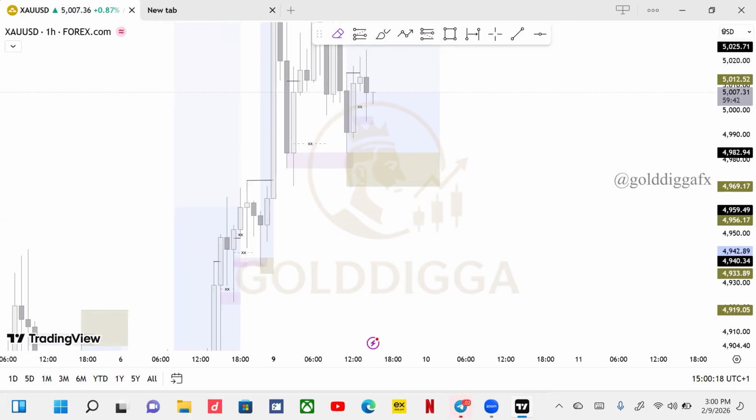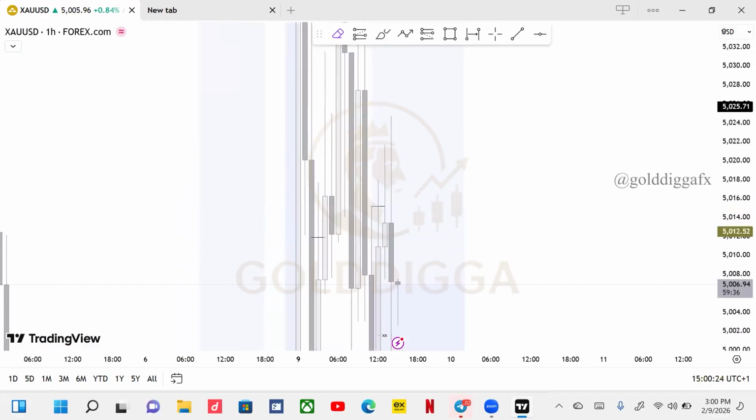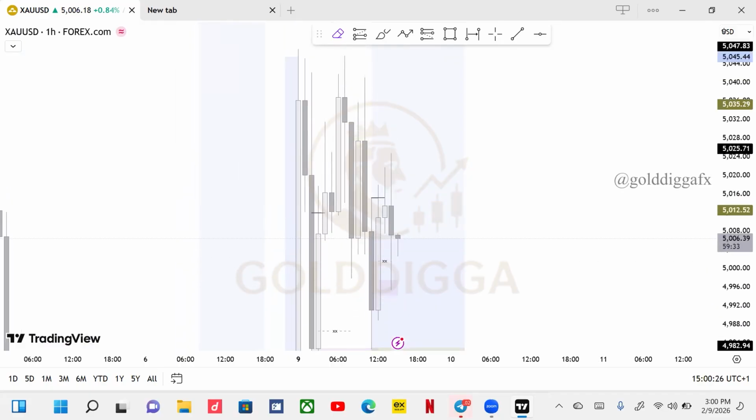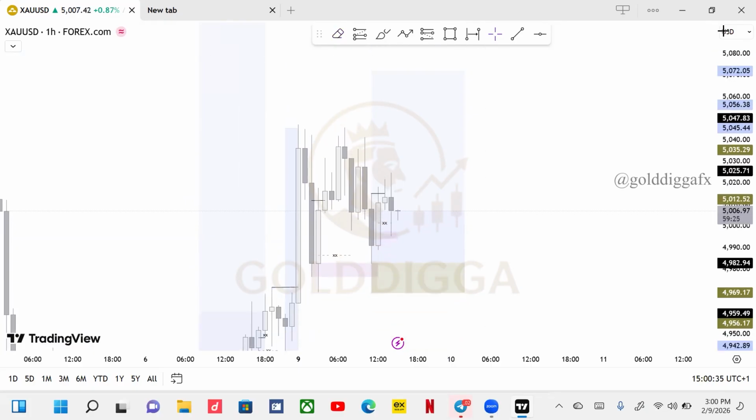Any questions? Guys, any question? Anybody with a question regarding this setup before I continue with the trend line?